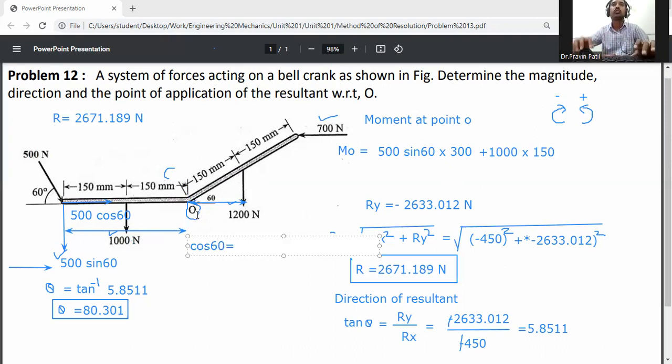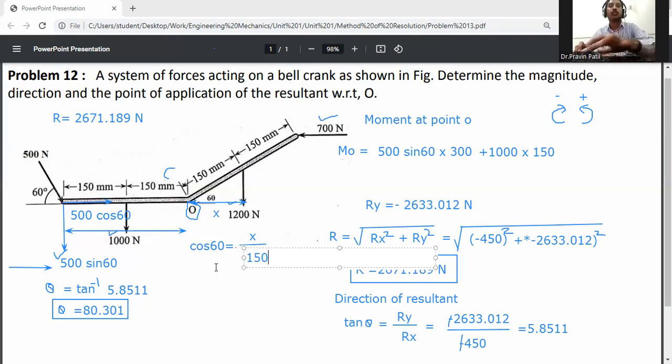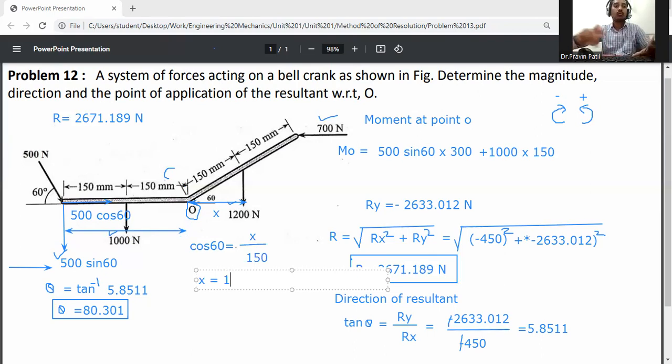Assume this distance is x, so cos 60 is equal to x divided by 150 mm. So x is equal to 150 cos 60.